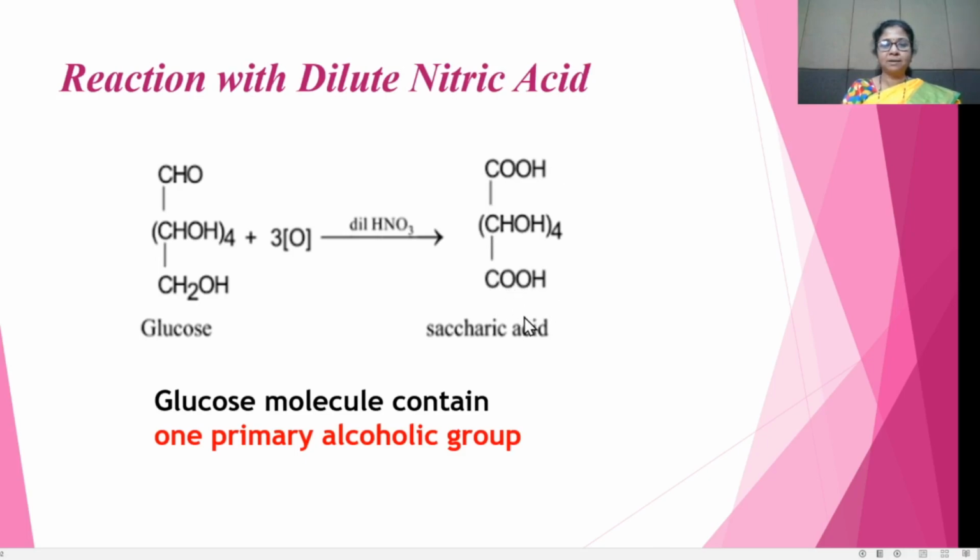From this reaction, we can say that the glucose molecule contains one primary alcoholic group.